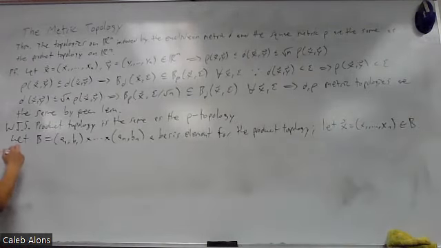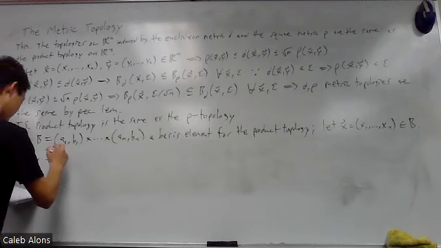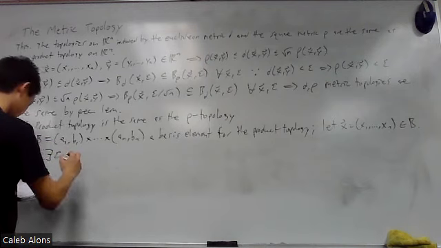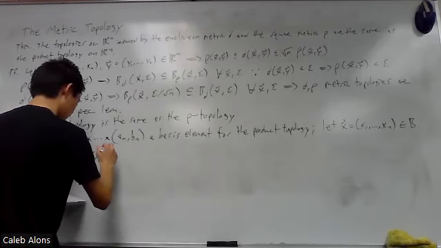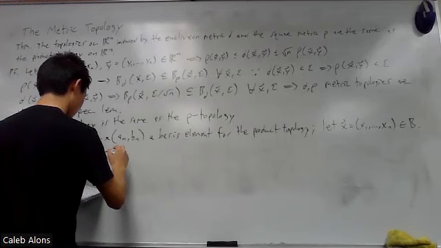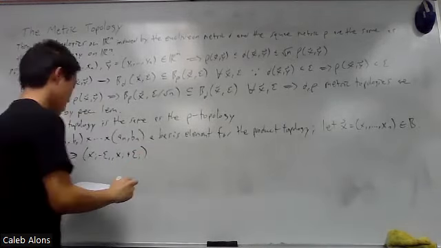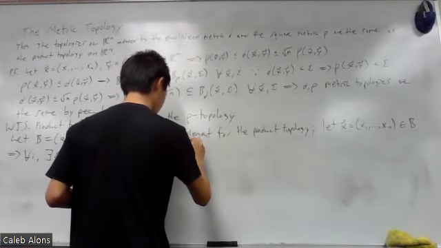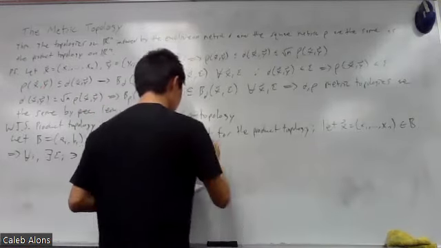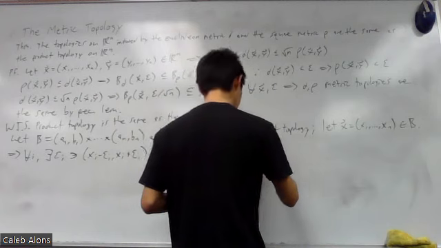Then for all of the i, we're going to index the epsilons, epsilon sub i, such that we take xi minus epsilon i to xi plus epsilon i. That open set is a subset of the open set a sub i, b sub i. And because of that, we just need to choose the smallest one.